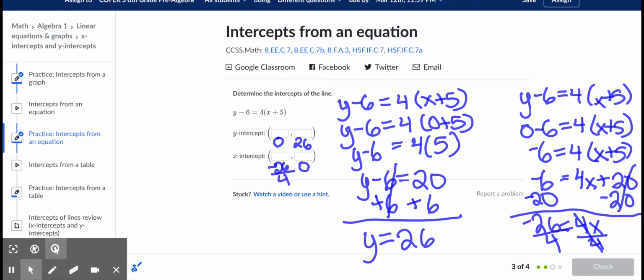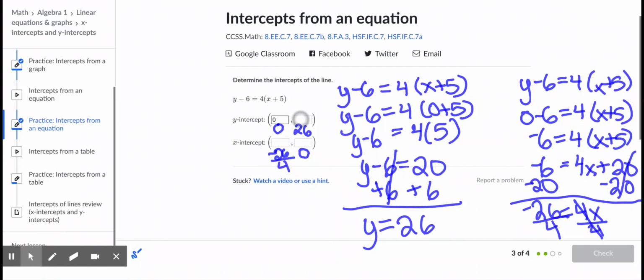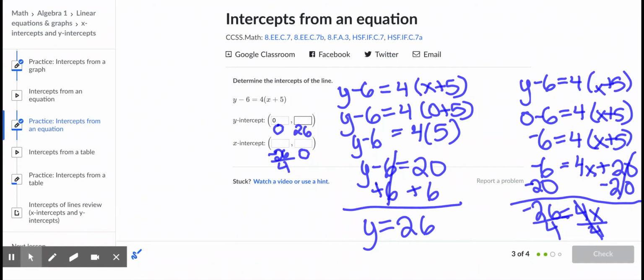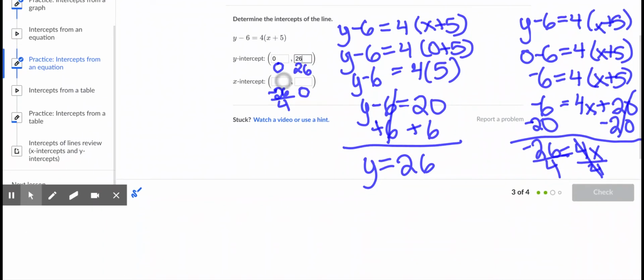Let's see if they'll take it just like this. 0 goes here. We said there was a 26 that goes here. Something's telling me they're going to make me reduce it, but we'll try it anyway. Negative 26 over 4 goes here, and a 0 goes here. Let's go for it.